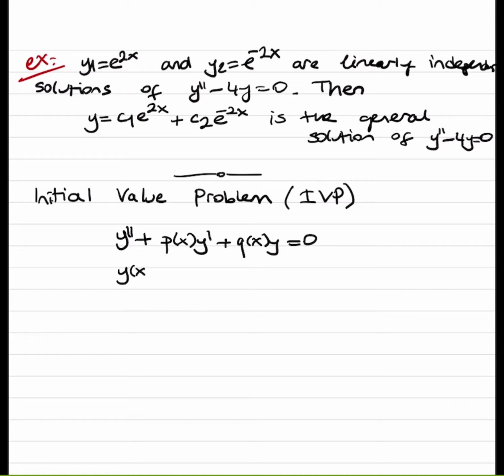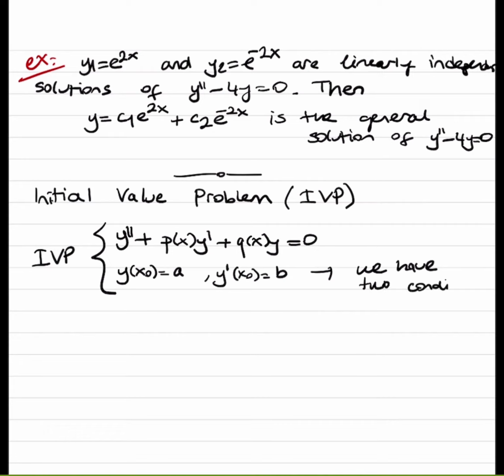So we have two conditions, y of x0 is equal to, let's say, y0, y prime of x0 is equal to, let's say, y1, or, okay, maybe you will get confused, let's say a and b. So this is the initial value problem. It is second order, so we have two conditions given at the same value, let's say x0 in this case.